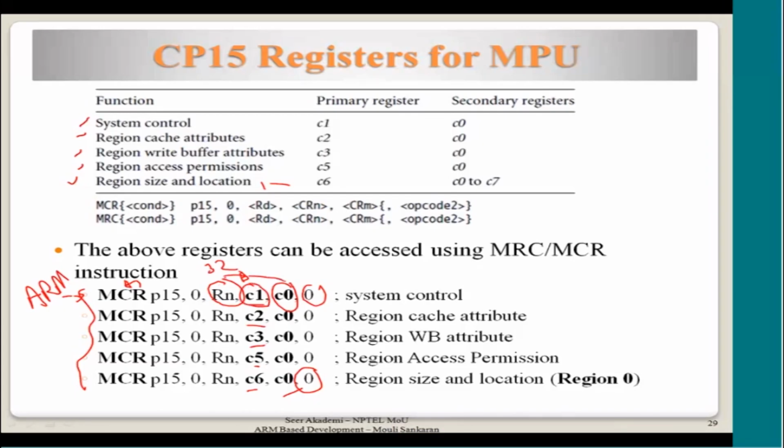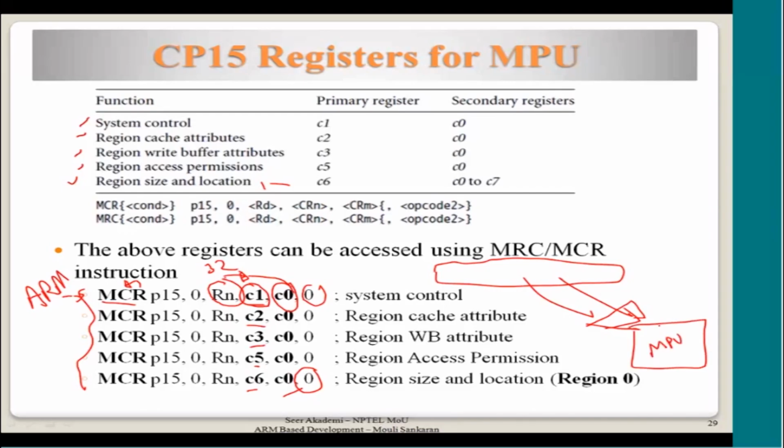We can mention which primary and which secondary registers. So once you give an MCR instruction like this, it will be embedded into the coprocessor instruction and put on the bus. When this instruction goes on the bus, who is actually executing it? Actually the MPU executes it. Because it will grab this instruction, knowing that it is meant for itself, CP15, and then it will look at these values and accordingly configure itself.